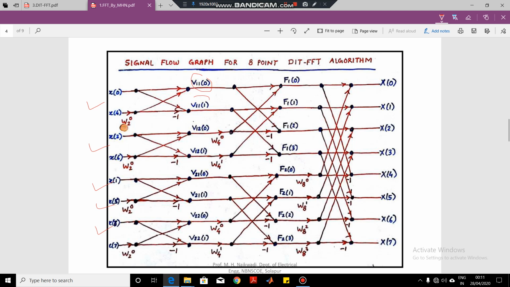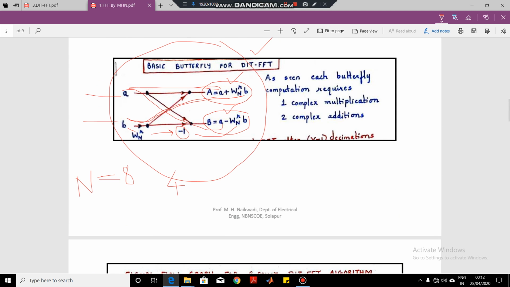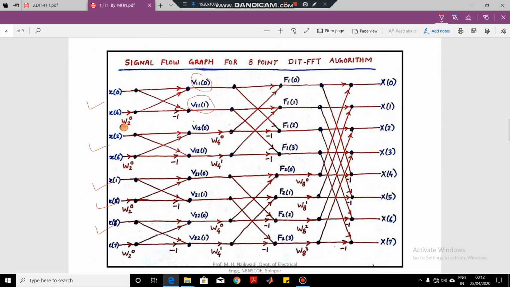And what will be the output X1[1]? x[0] minus W_2^0 into x[4]. So this is the basic computation. We have to remember these two formulas, which are used to compute the butterfly outputs. In this way all these outputs are computed. So this is our first stage of calculation in DIT FFT.